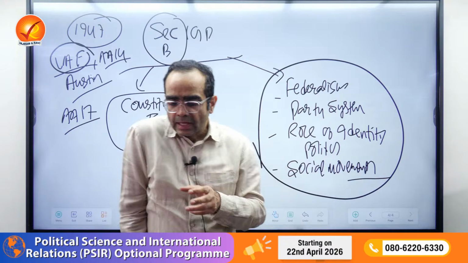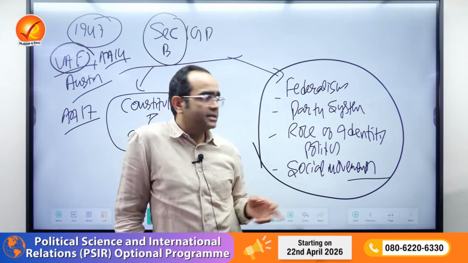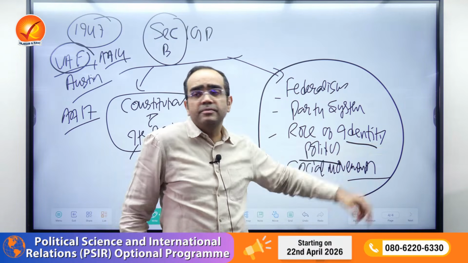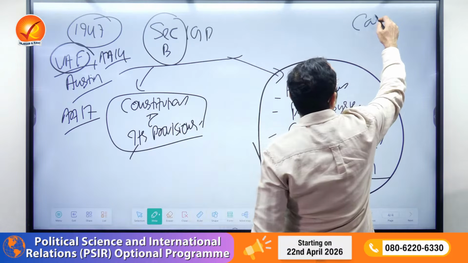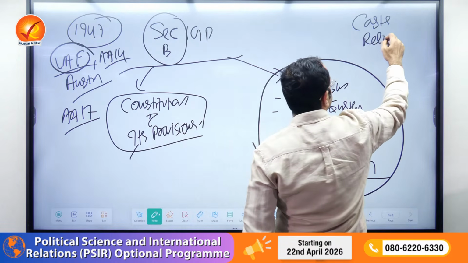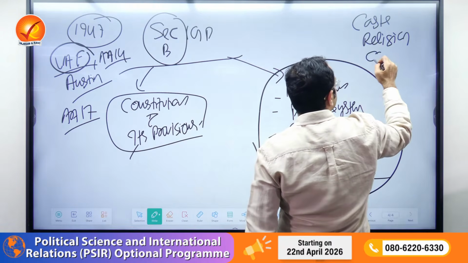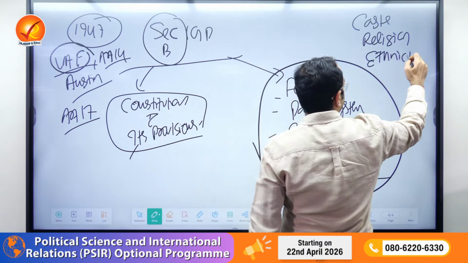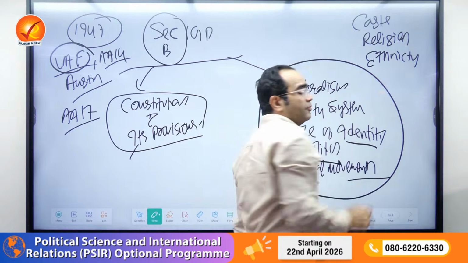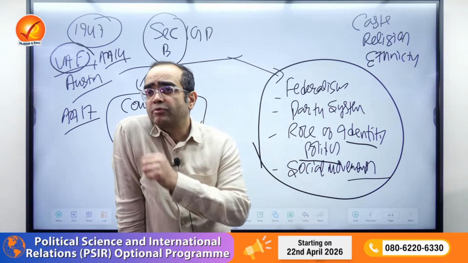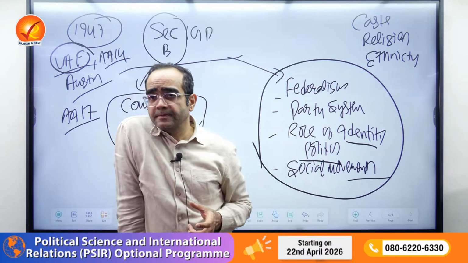Now, in the elections going on, I mentioned the role of identity politics. Identity politics like caste, religion and ethnicity play an important role in determining how people vote in elections.